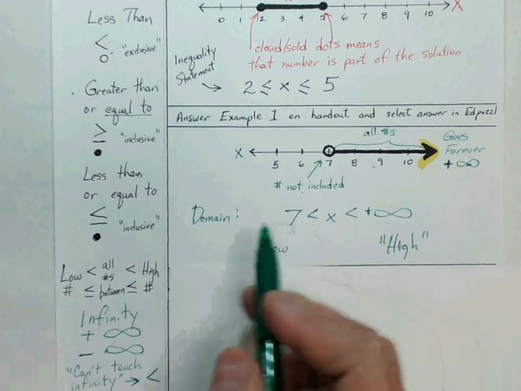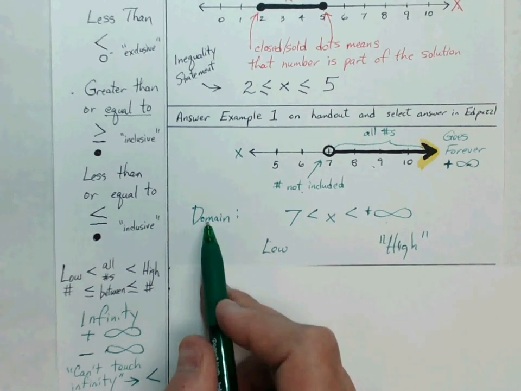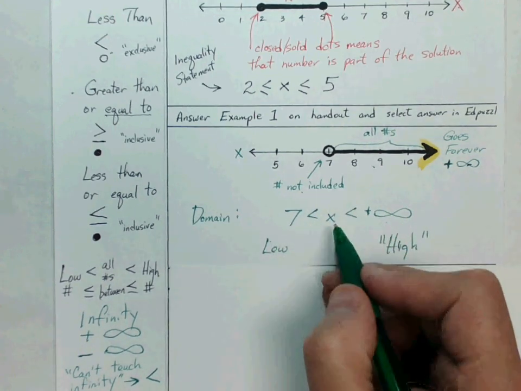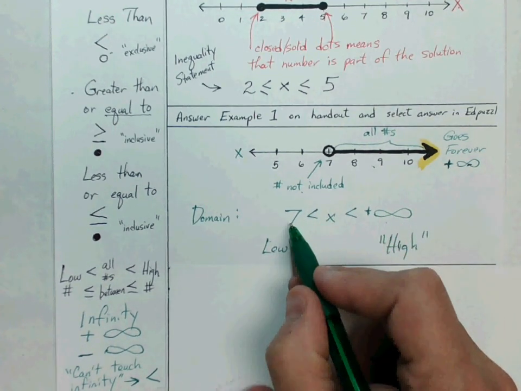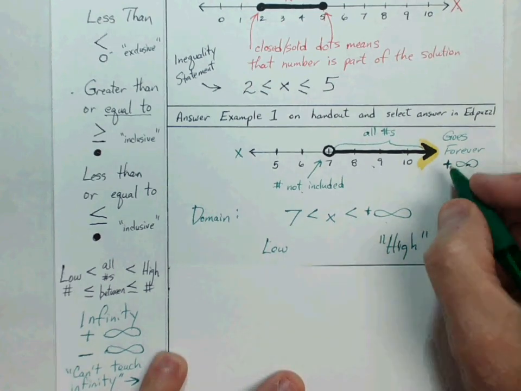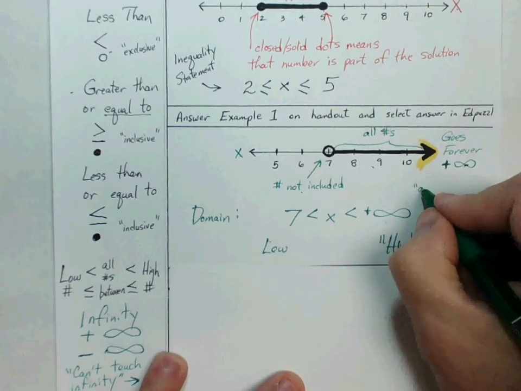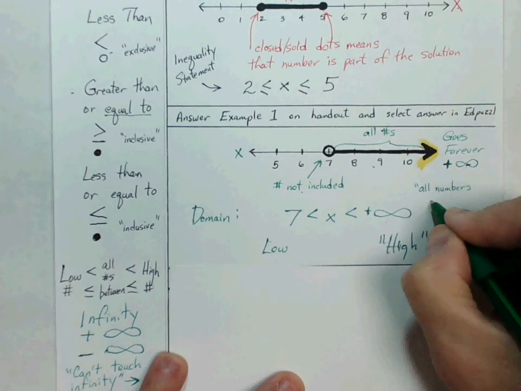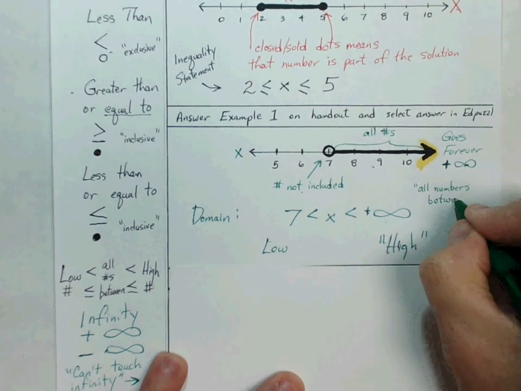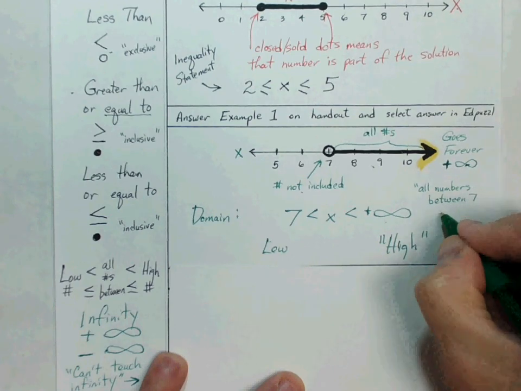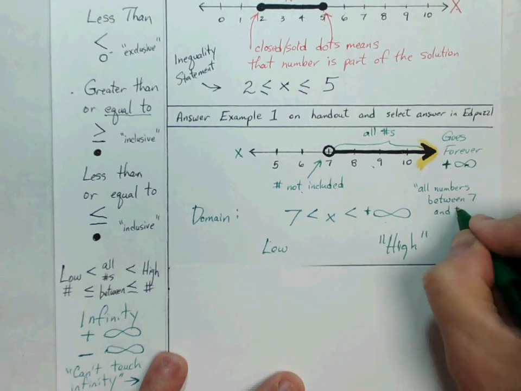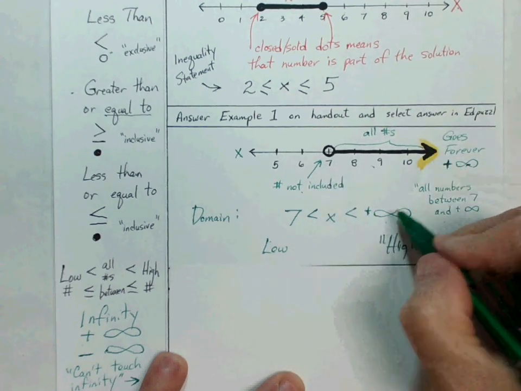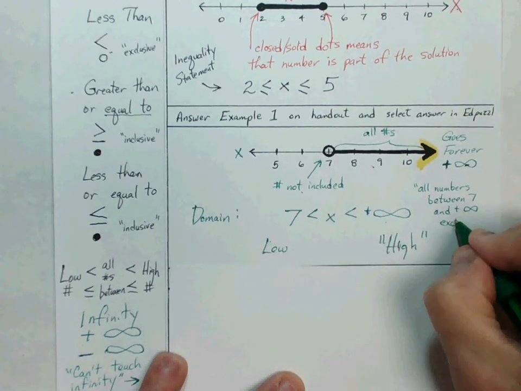And so, ladies and gentlemen, we have just found our domain. All right? We have all numbers between 7. I'm going to write this down. I'll say all numbers between 7 and positive infinity, and since we have open dots and we can't touch infinity, we're going to use the word exclusive.